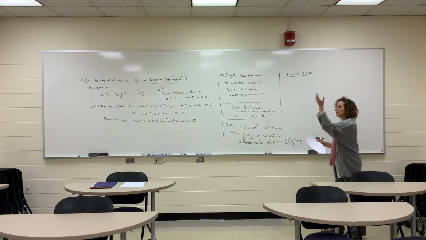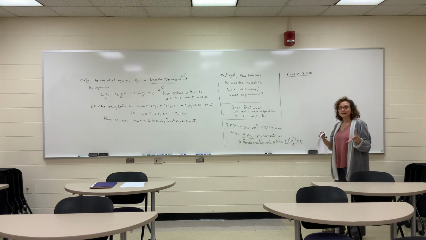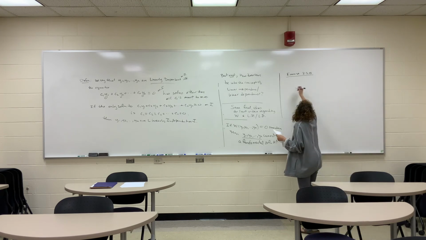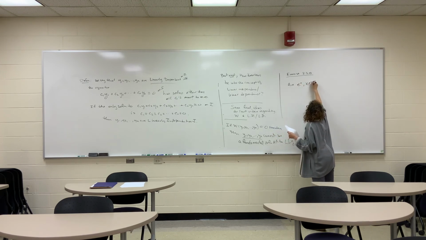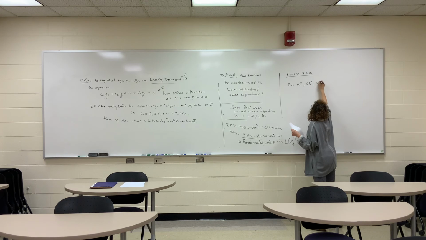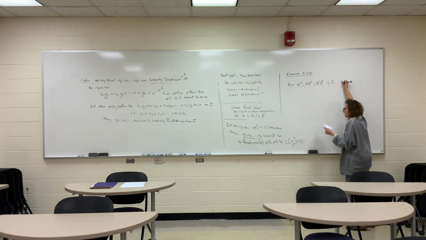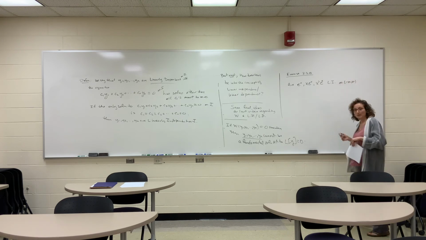So hopefully you're getting a lot of different tools for attacking these types of problems, right? So the question is, are e to the x, e to the x, and x squared e to the x linearly independent on the interval minus infinity to infinity?